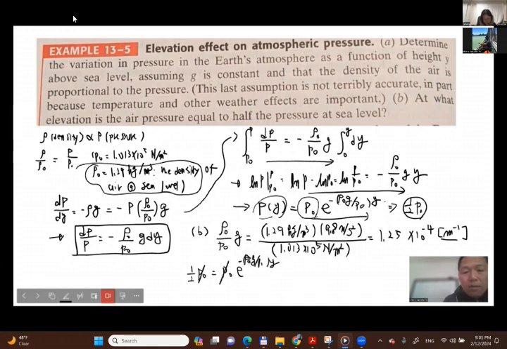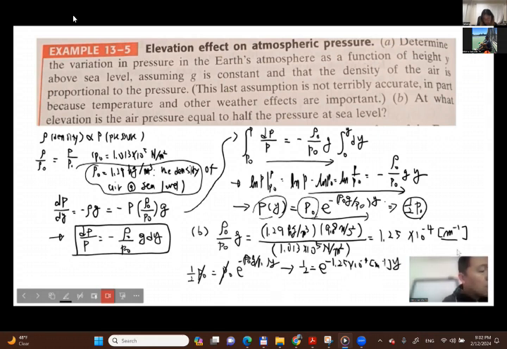If you cancel P naught out of both sides of the equation, then one half equals the exponential function of minus 1.25 times 10 to the minus 4 inverse meter times y.